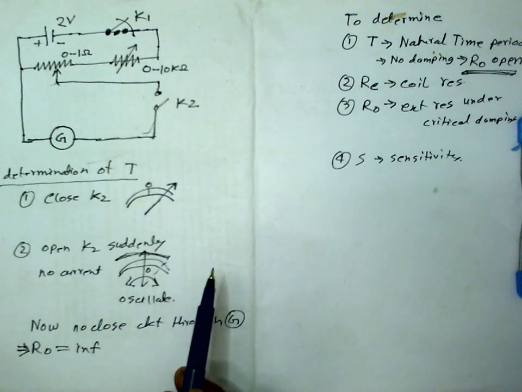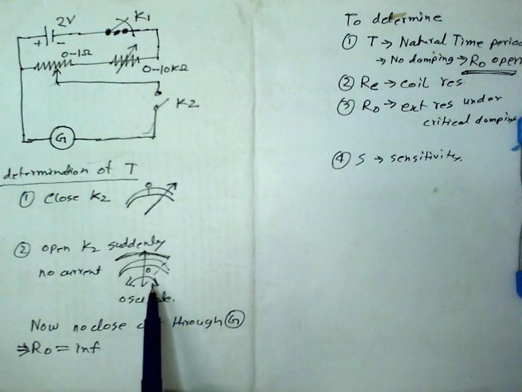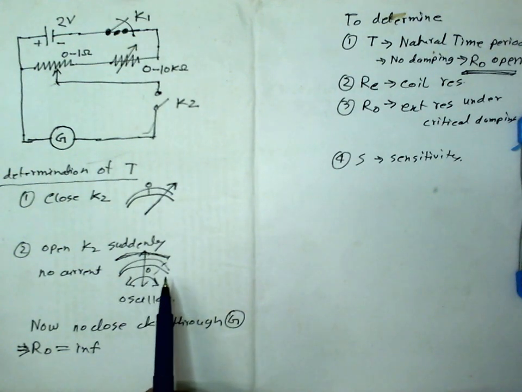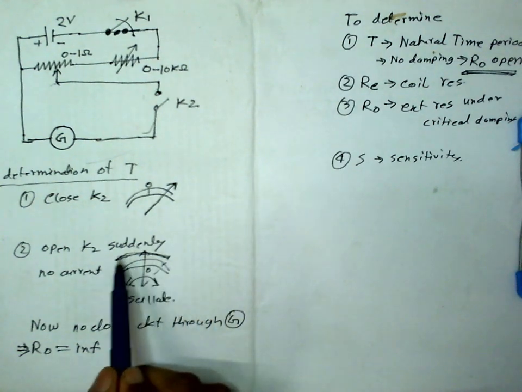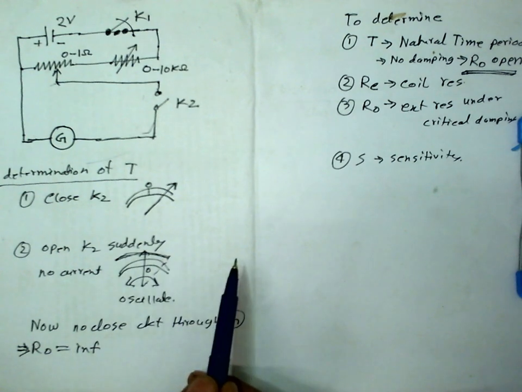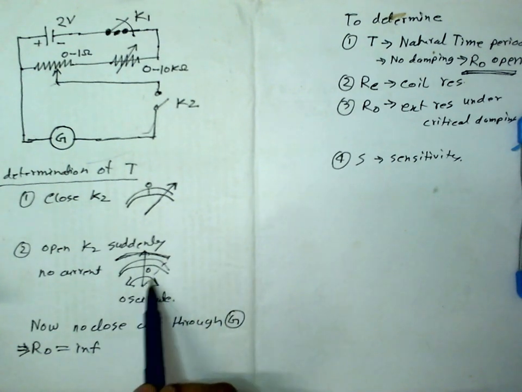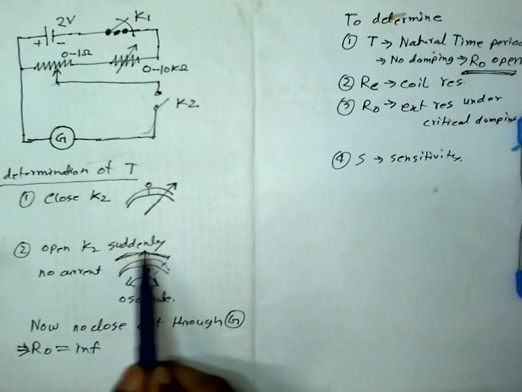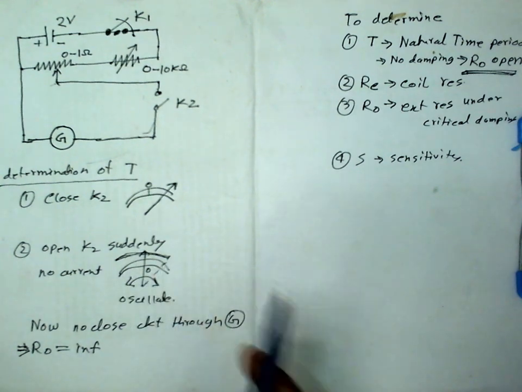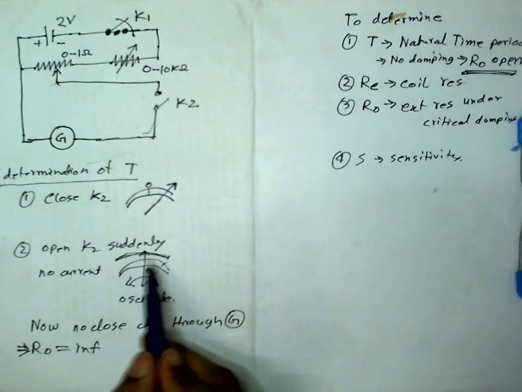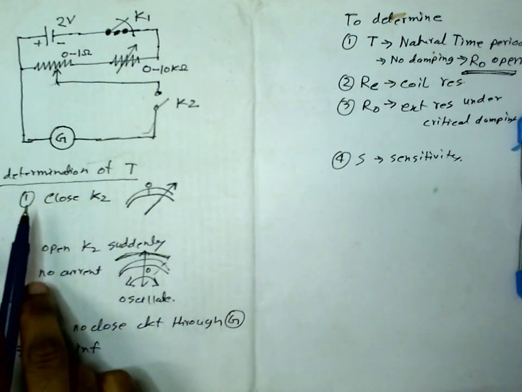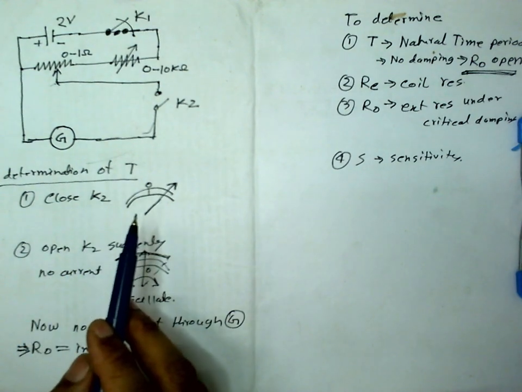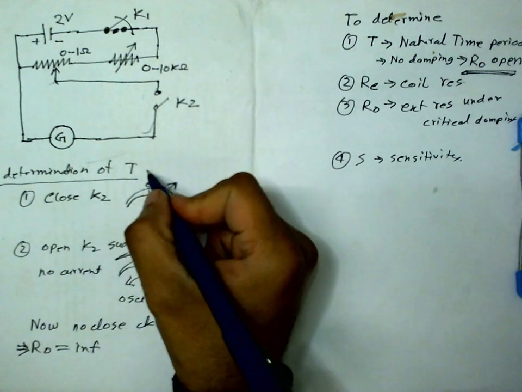There is at least no eddy current damping. So now you use a stopwatch and measure the number of oscillations in a given time, or measure the time for a fixed number of oscillations. I don't know, 5, 10 oscillations, how much time it takes. That will give you the time period T. So this is how to determine the time period T. This is done.